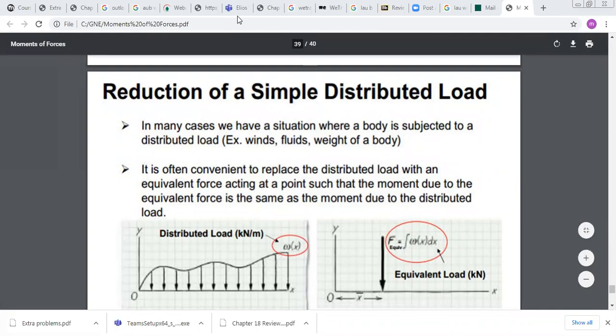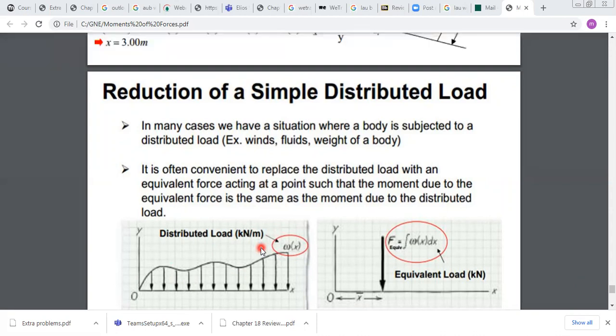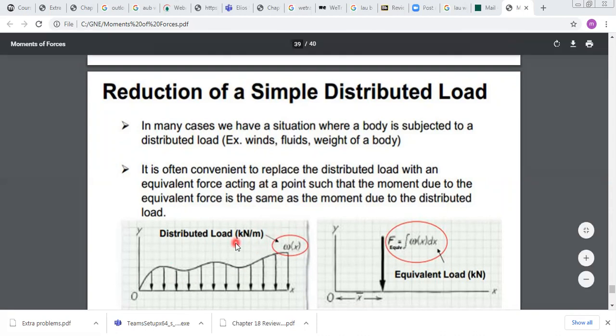We have here a distributed load acting on a surface. As you can see, the load is variable along the surface. And always the unit of distributed load is kilonewton per meter, because here it's a linear load. If you have a load on an area, the unit will be kilonewton per meter square.